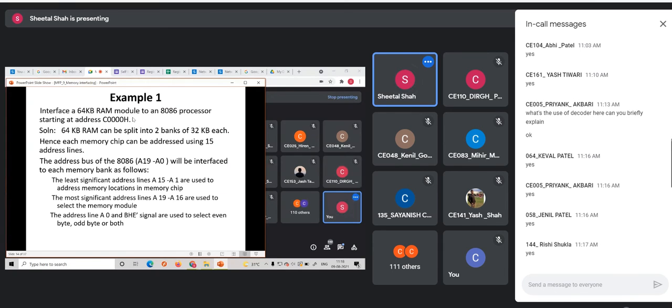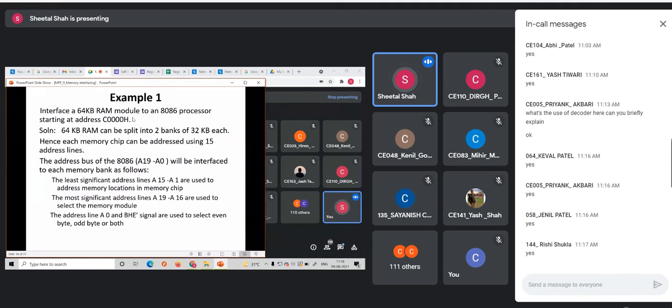This is the address we want to provide. Now we'll see how to interface, which pin should be connected to the IC, how the address should be decoded, and how the address should be provided as a chip select line. So that we'll discuss using this example.